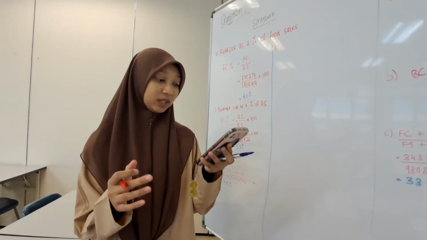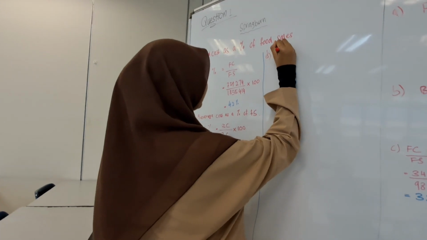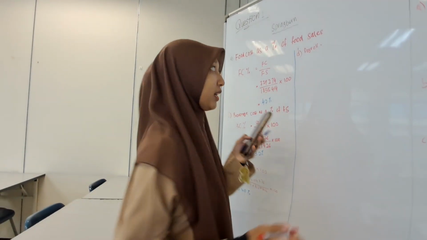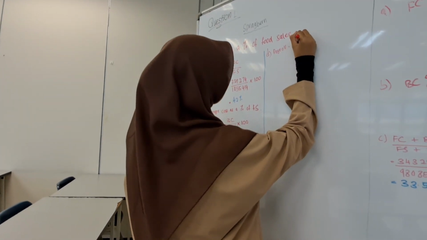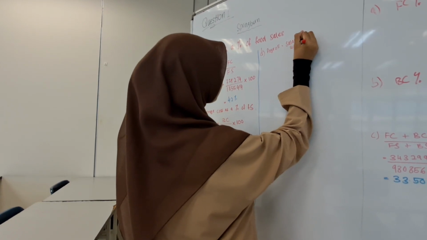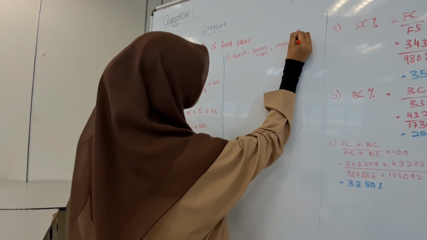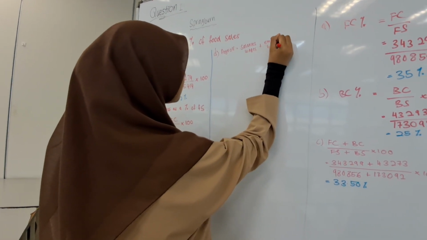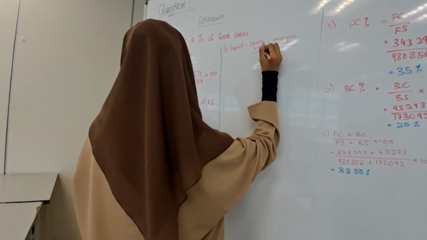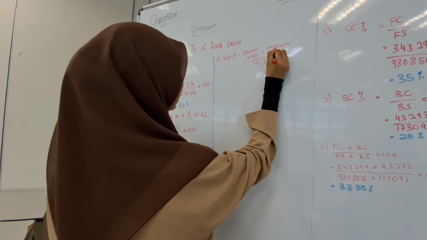For question D, we need to find a payroll. So the formula payroll is salaries, wage plus employees benefit. Divide by food sales plus beverage sales.